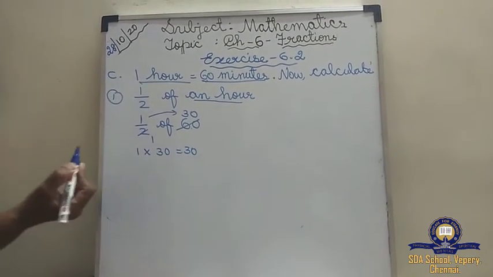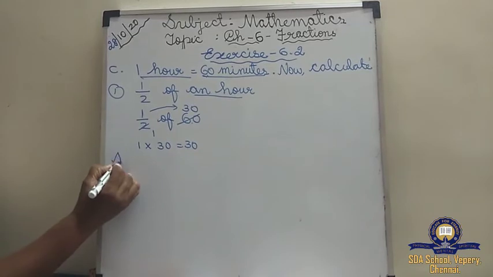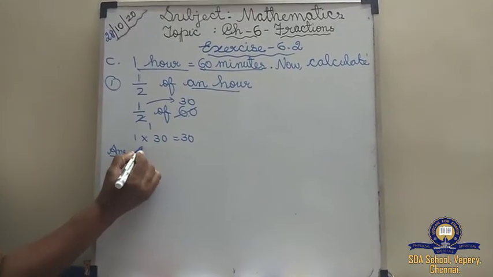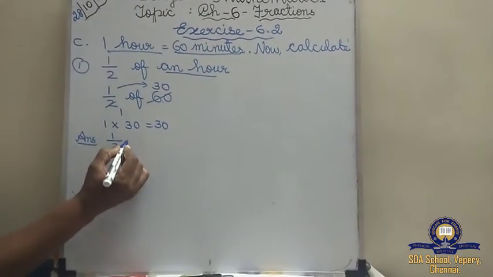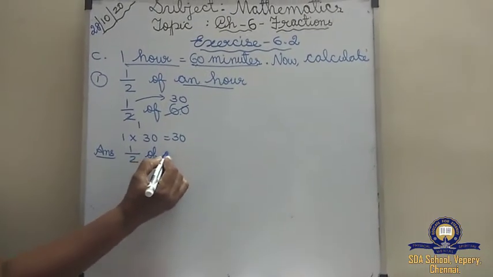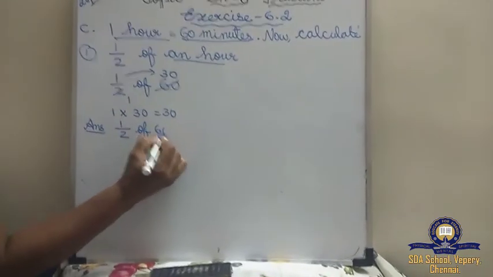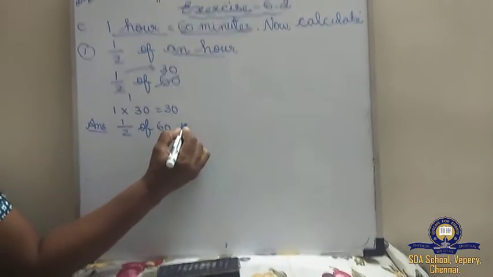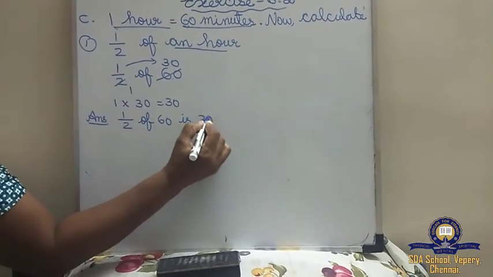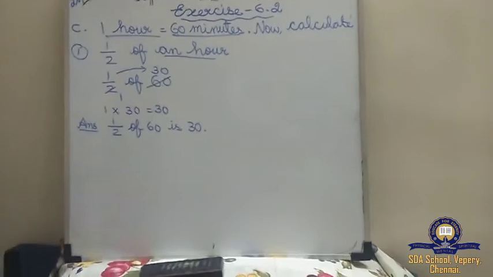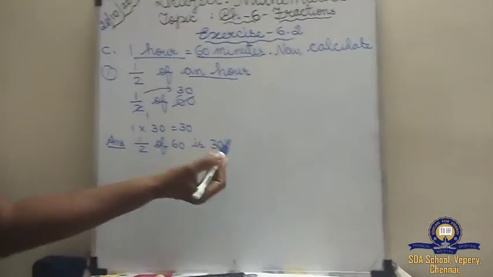So what's the answer? 1 by 2 means half, isn't it? Half of 60 is 30.